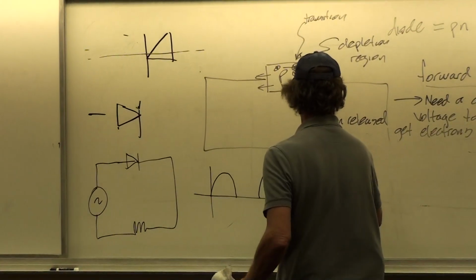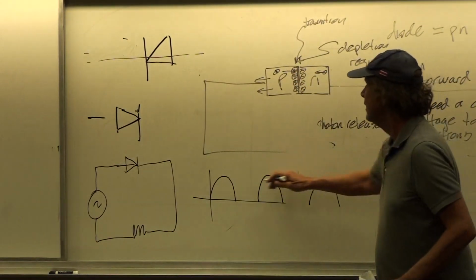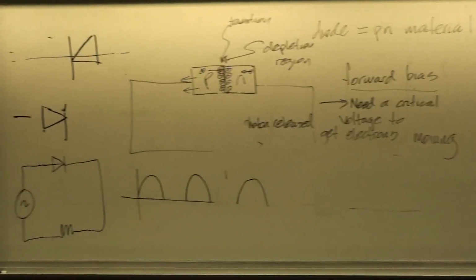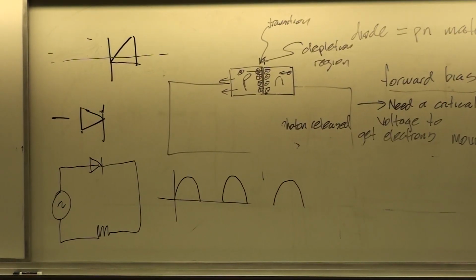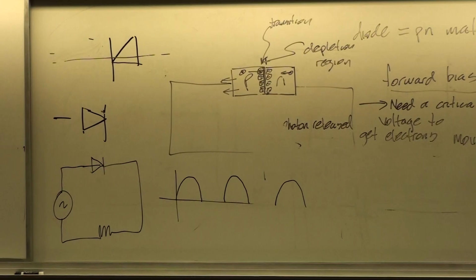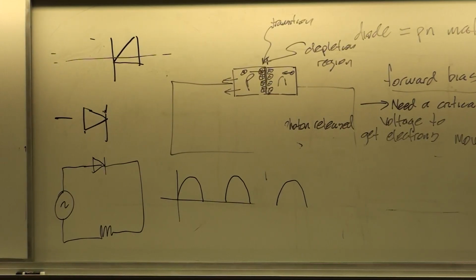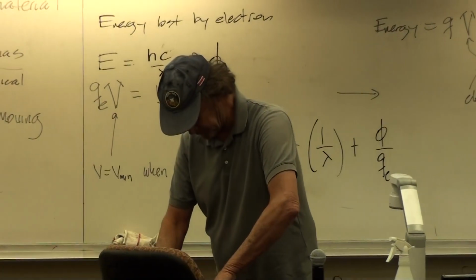The signal then would look like this, and you've lost half of it, but what's left, the electrons would always be flowing in the right direction. But wouldn't it be cool if you could save the whole signal? And so that's what 4 diodes put together does for you, it's called a full wave rectifier, and it saves the whole signal.